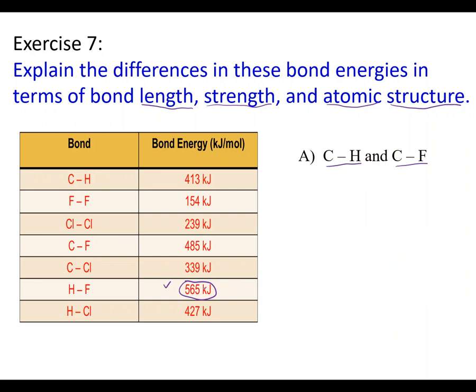Which one is stronger, C to H or C to F? C to F is stronger, definitely. Now, why? What can we come up with as a good reason as to why the C to F bond would be stronger? What is different about some of the arrangement here?